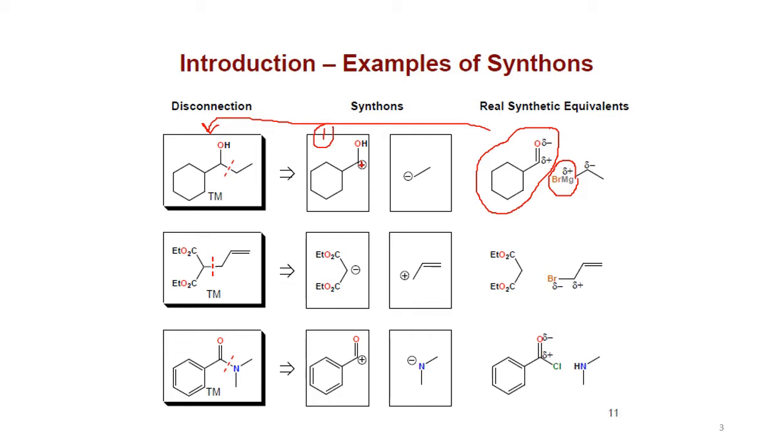Let's take a look when we have another pair that we drew just now. So this is OH. What if it is minus, and then this is plus? Let's say we have this pair, and we want to make a synthetic equivalent for this.